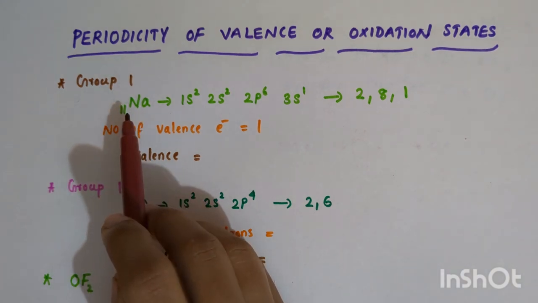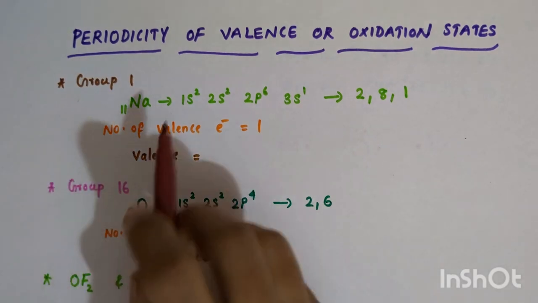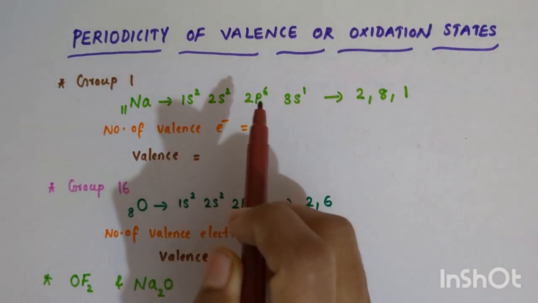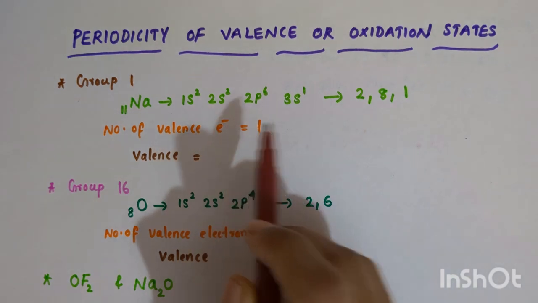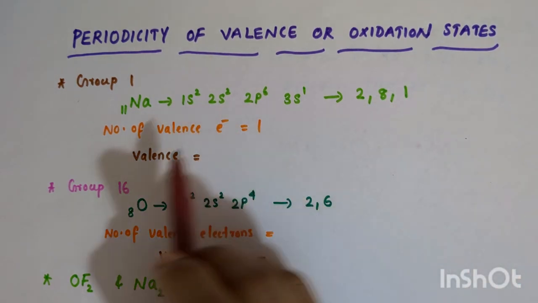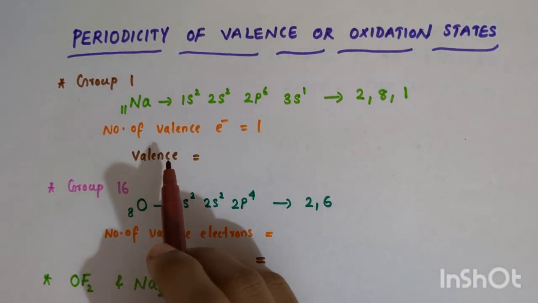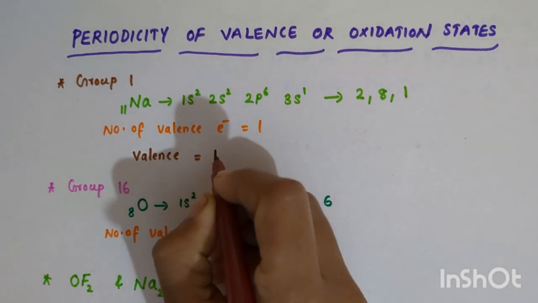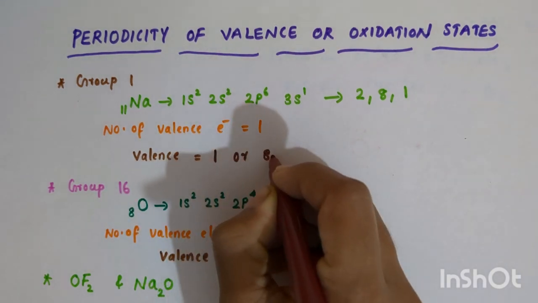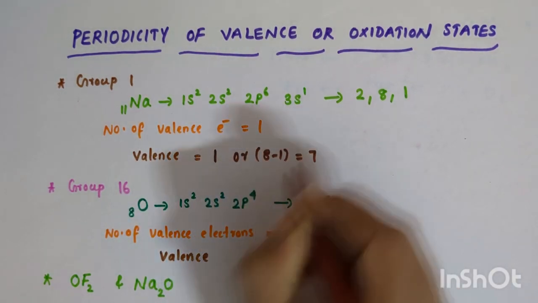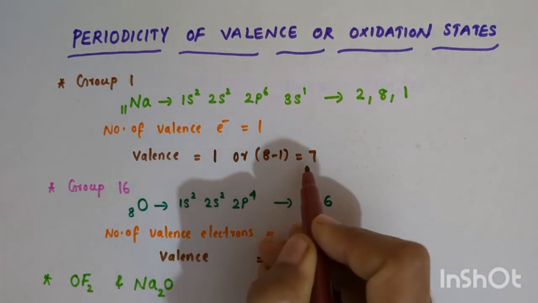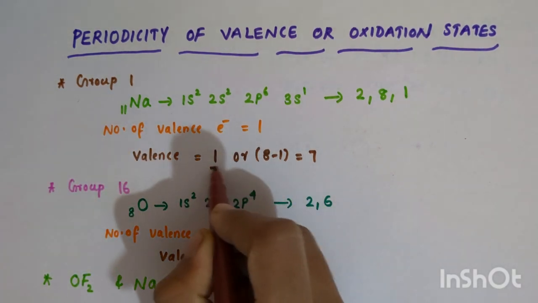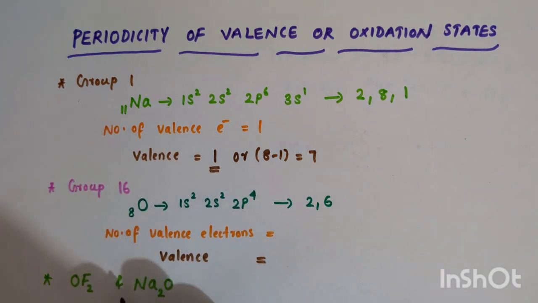Its atomic number is 11, so its electronic configuration is 1s2, 2s2, 2p6, 3s1, that is 2, 8, 1. So the number of valence electrons is 1. Valence will be 1 or 8 minus 1, which is 7. So valence for sodium is 1 or 7, but typically we consider 1 as the valence of sodium.